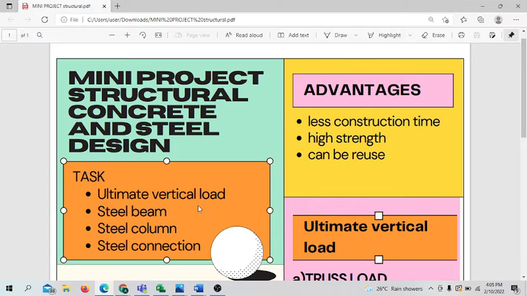The second advantage is high strength. As we know, steel is very strong and very good for buildings. The third advantage is that steel can be reused.